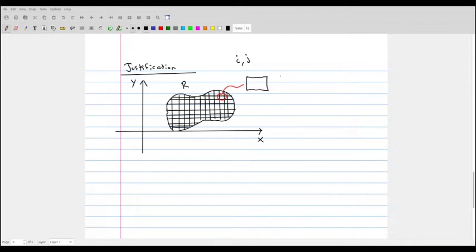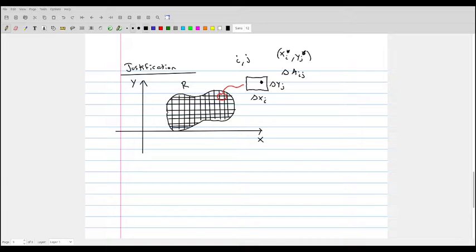So this piece has area delta Aij, and we have to have a sample point here as well that we're sampling at. That corresponds to xi star, yj star. And we have a sample point like that in every single one of these rectangles. So the width here is delta xi and the height is delta yj.